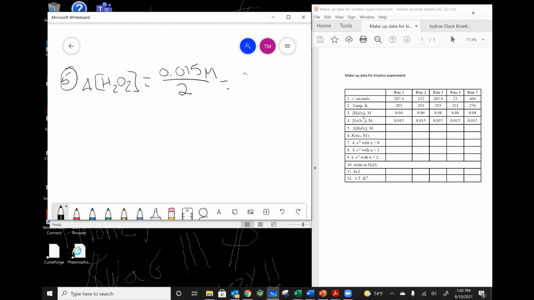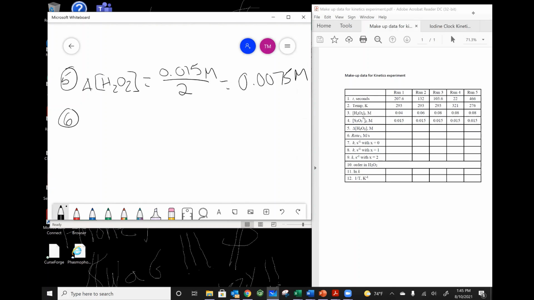And that is equal to 0.0075 molar. Okay, so that is your answer for row 5.